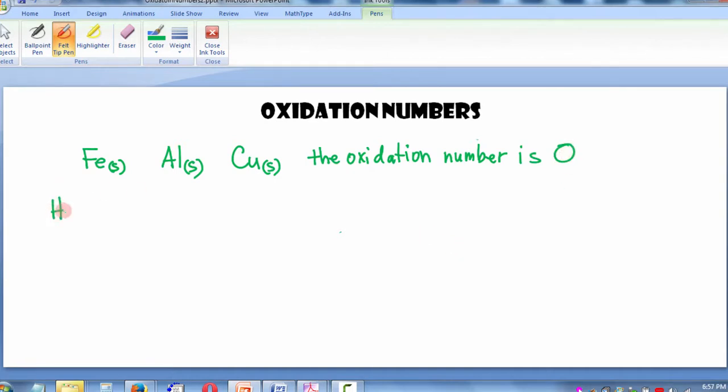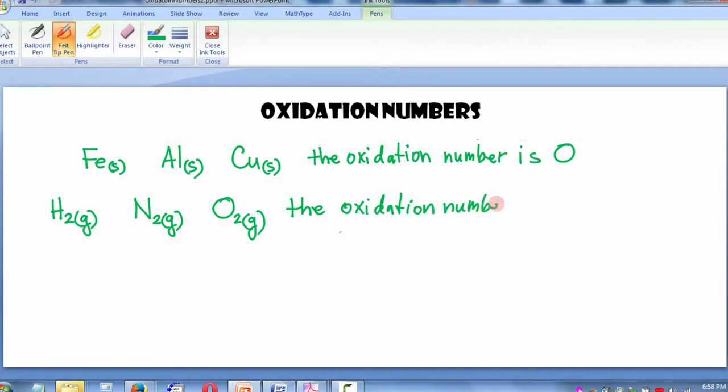What about hydrogen gas? What about nitrogen gas? What about oxygen gas? These in their elemental state of the same atom, the oxidation number is 0.